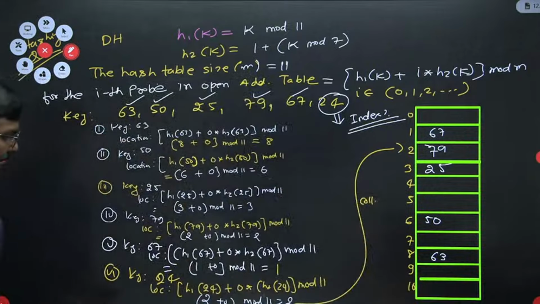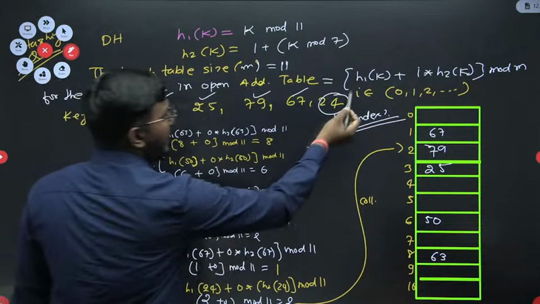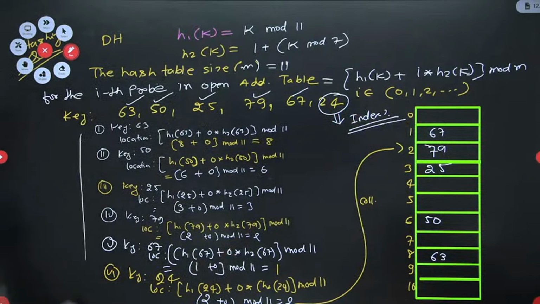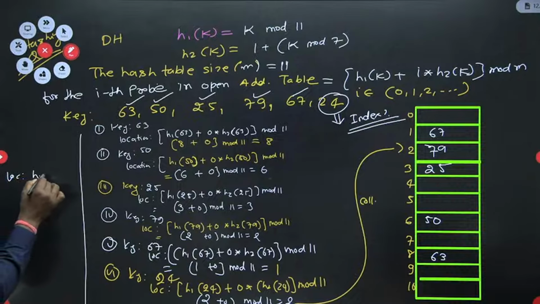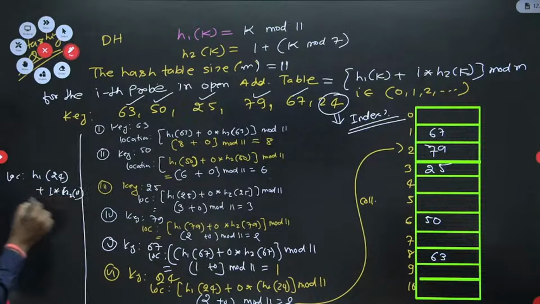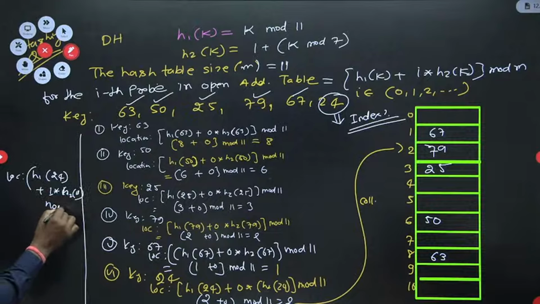Getting my point here? So what we'll do? Again we will take i to 1. The location will be h1 of 24 plus 1 into h2 of 24, and then lastly mod of 11. What is h1 of 24?